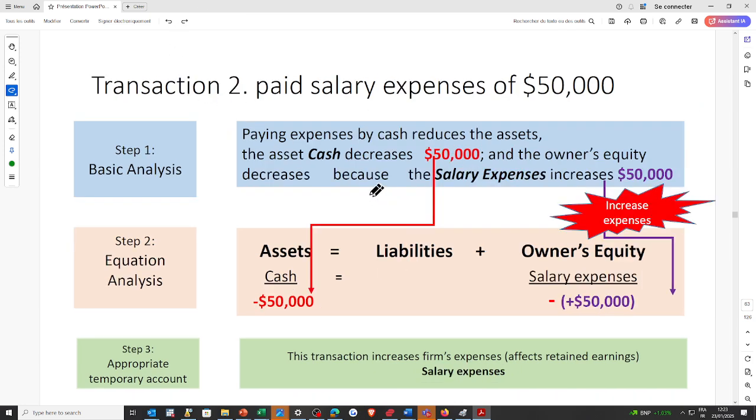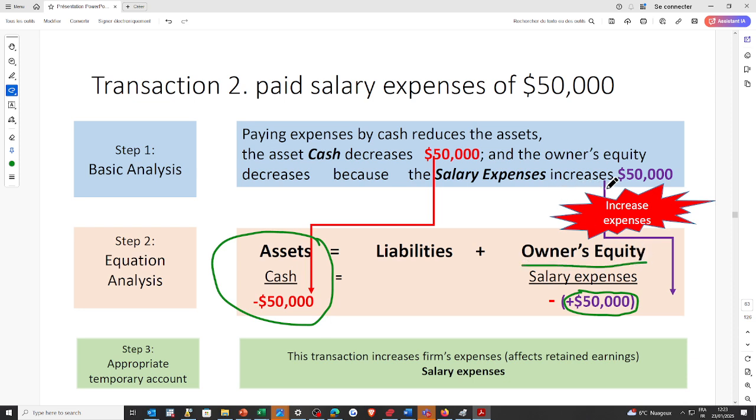For the second transaction, the company paid salary expenses of 50,000. So you have a paid expense. It means that you reduce the asset account cash by 50,000. However, here you increase the salaries expense, but you also decrease the owner's equity, right?